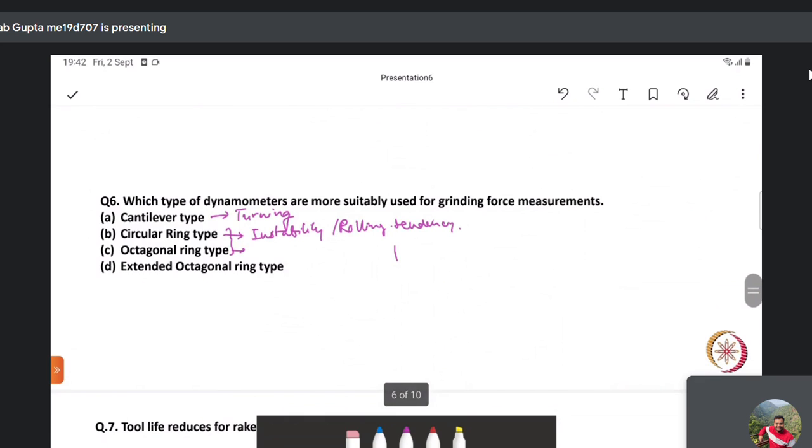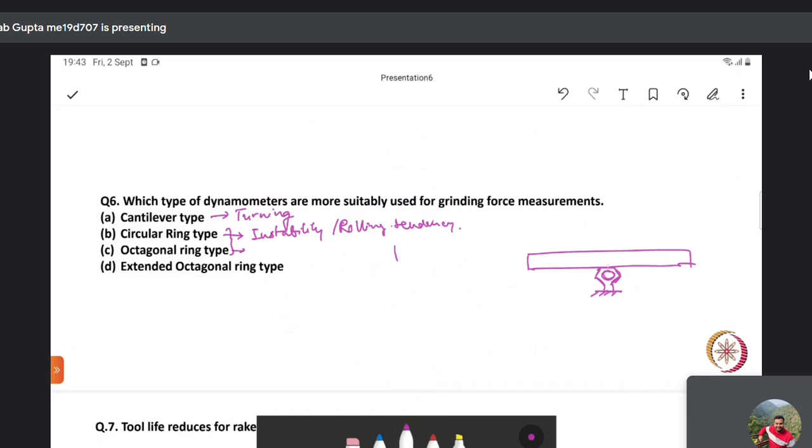However, for higher loads, like during grinding operations, suppose we have larger slabs. In that case, using a single dynamometer like this won't be a stable option.